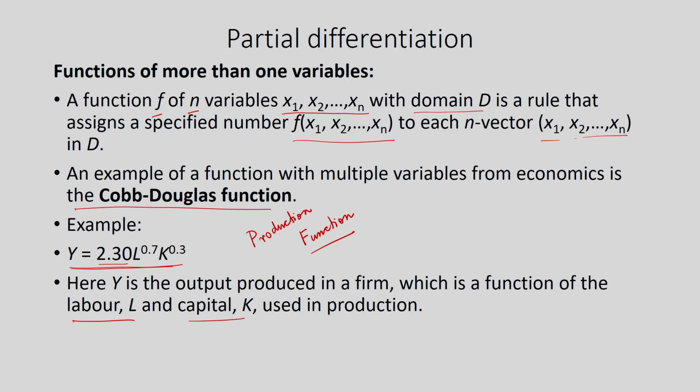Okay. And you can see that if L and K change, then Y will go on changing. If any of them is equal to 0, then the level of output becomes equal to 0, because of the fact that both of these inputs are indispensable, right. You cannot put 0 amount of labor and expect to produce any level of output with the help of capital alone. So, that is not possible. So, that is why this form is taken.